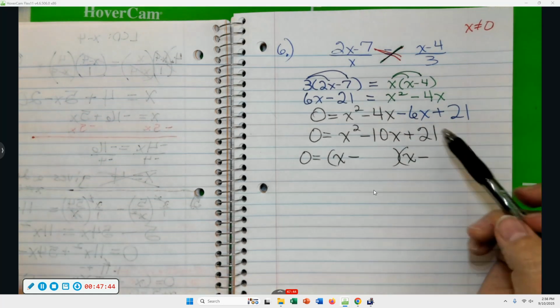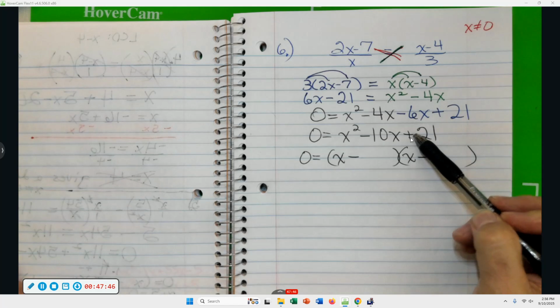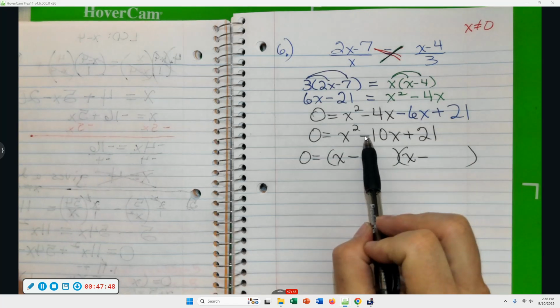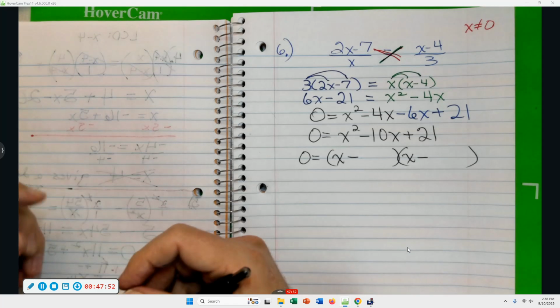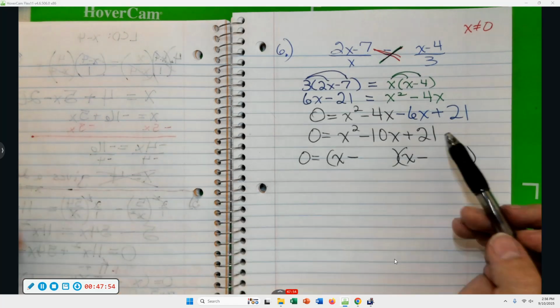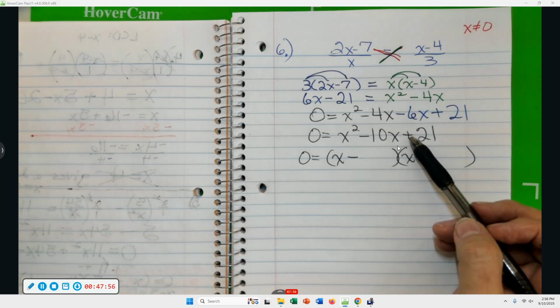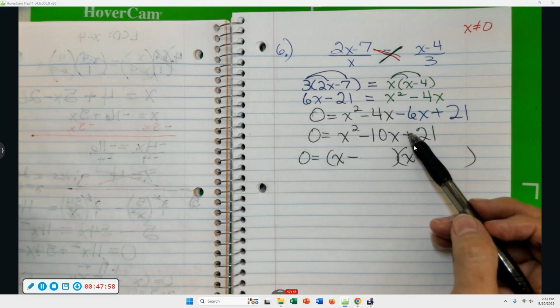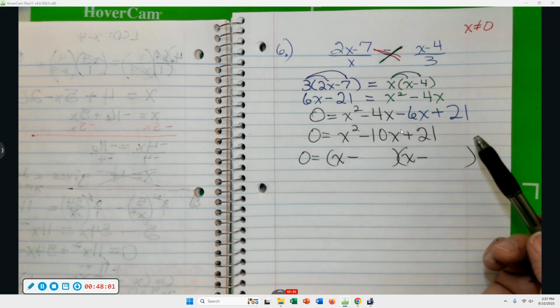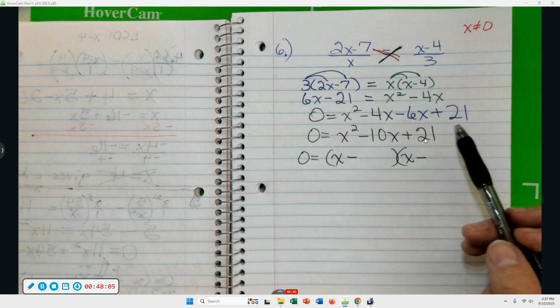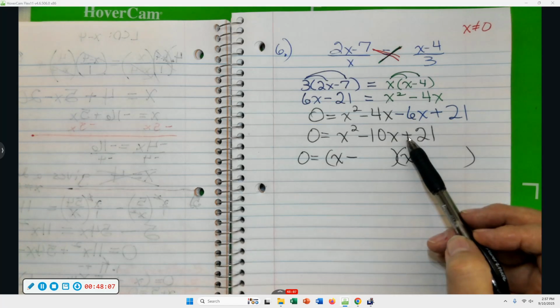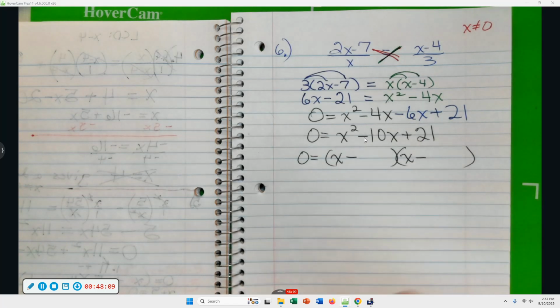Remember, if the last sign's a plus, you use 2 of the first signs. If the last sign's a minus, you have 1 of each. It seems like the nice case doesn't appear as much as that minus case, where you have a plus and a minus, and you have to decide, where do I put the plus, where do I put the minus? But if that last sign's a plus, you know you're going to have 2 of those first signs.